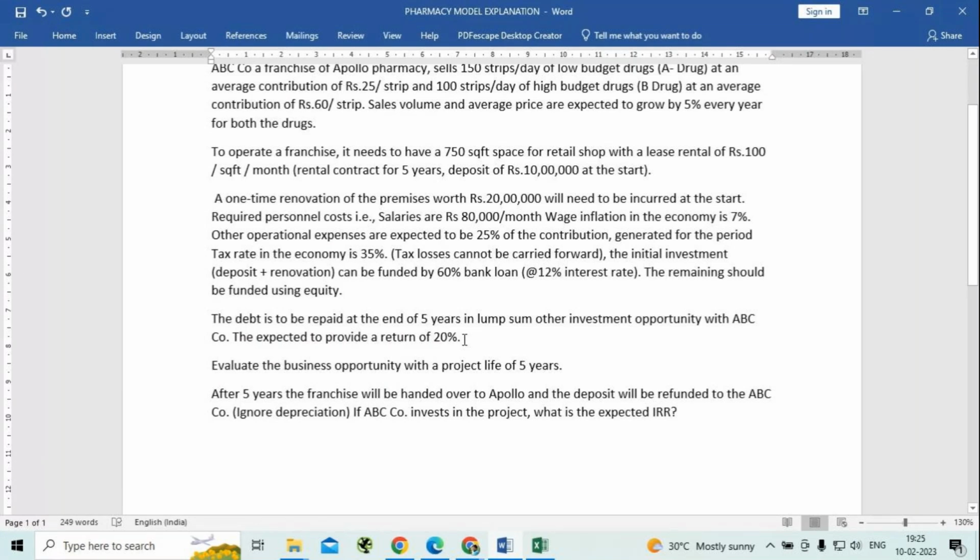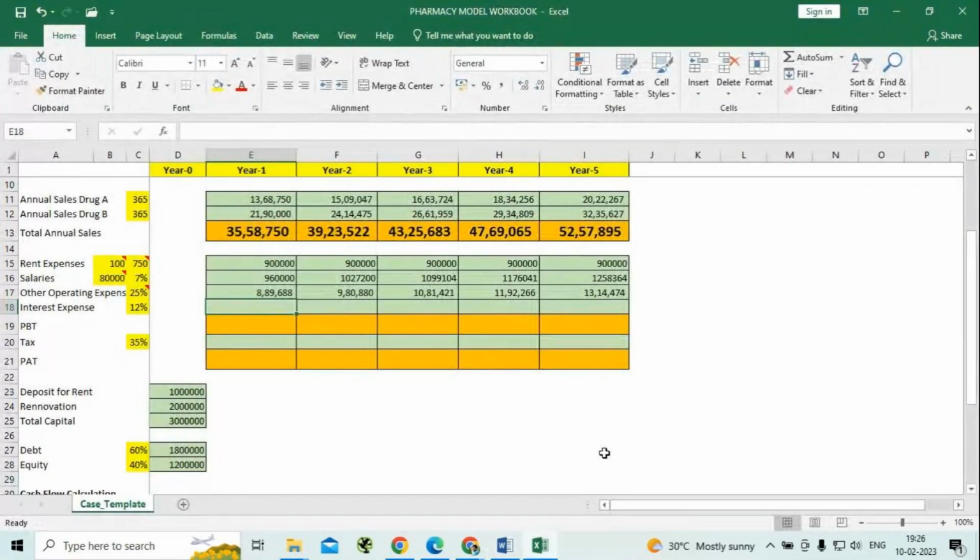Now let us see the interest expense, which equals 18 lakhs, which I freeze because it is going to be the same value for all the years, into 12%, and I freeze this also. So 2,16,000 is the interest amount we are supposed to pay every year on 18 lakhs.